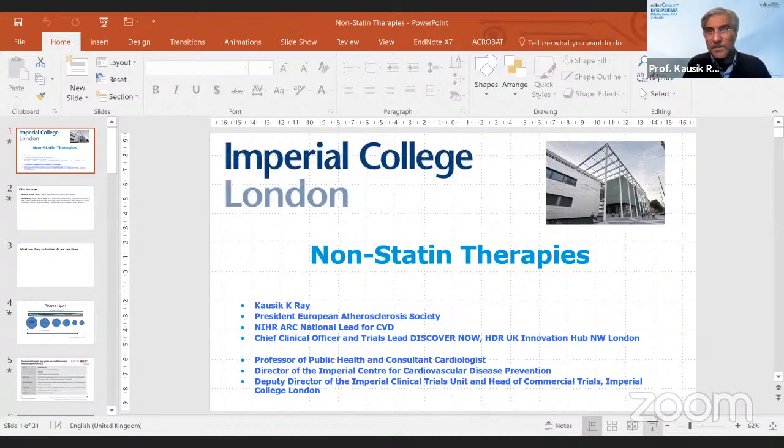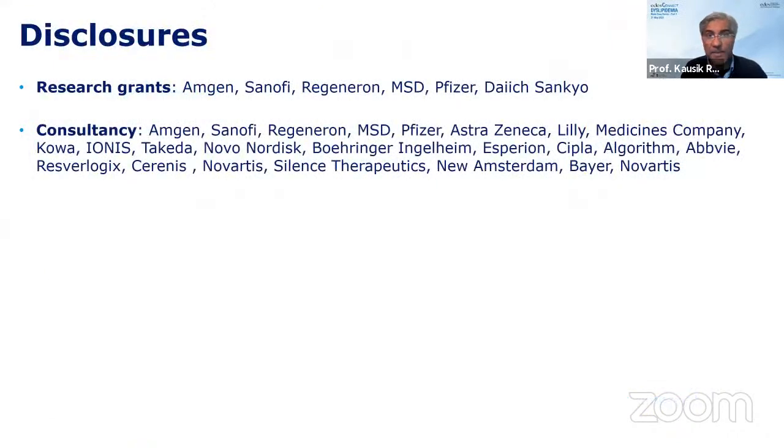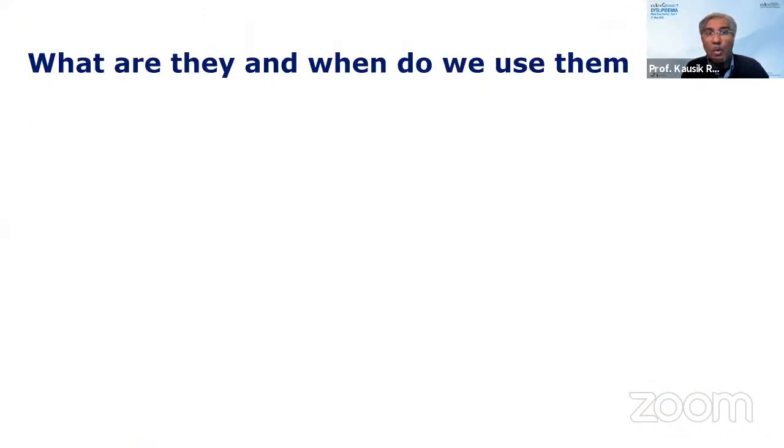So my second talk is on non-statin therapies and where they fit in. All of the guidelines really start with statins as first-line treatment. And the reason for that is that we know from the Cholesterol Treatment Trialists, nature really does not care what is driving your risk.